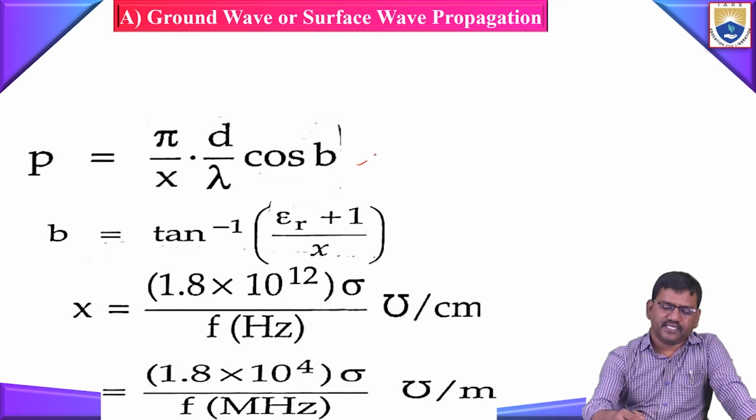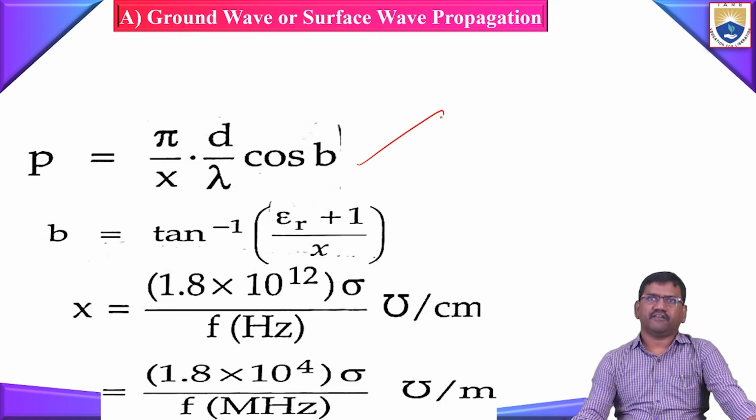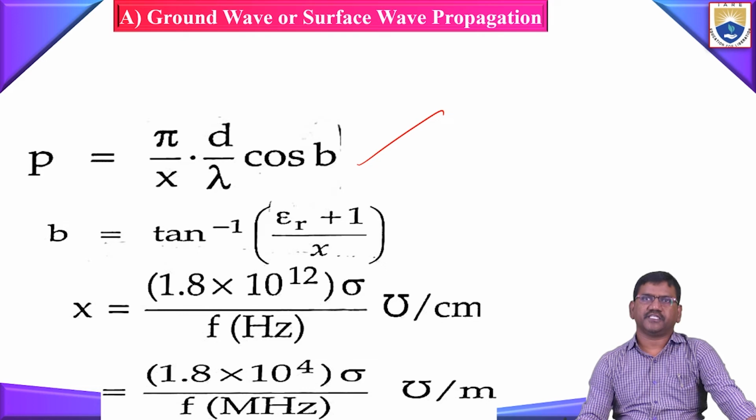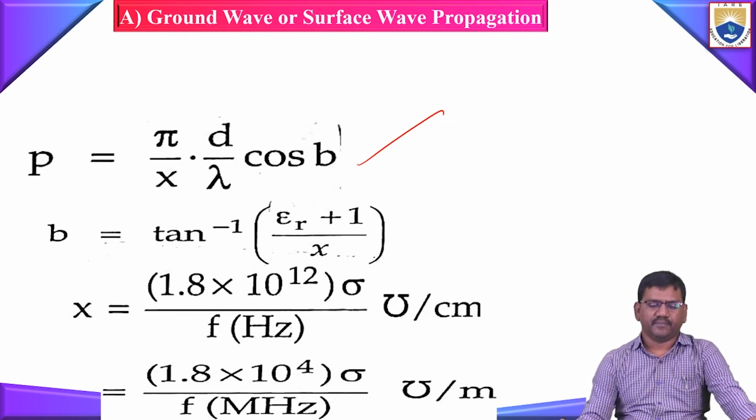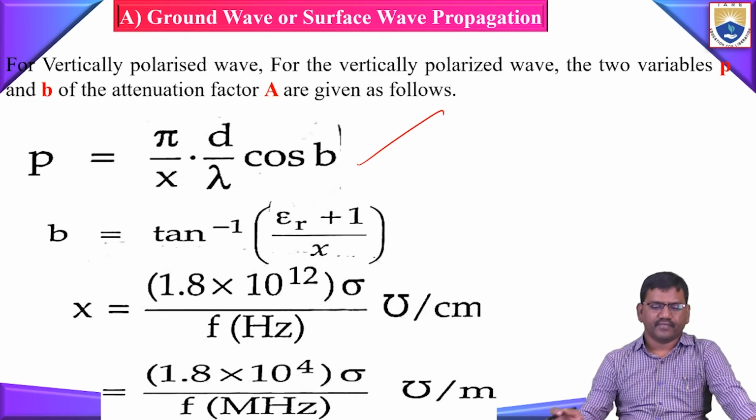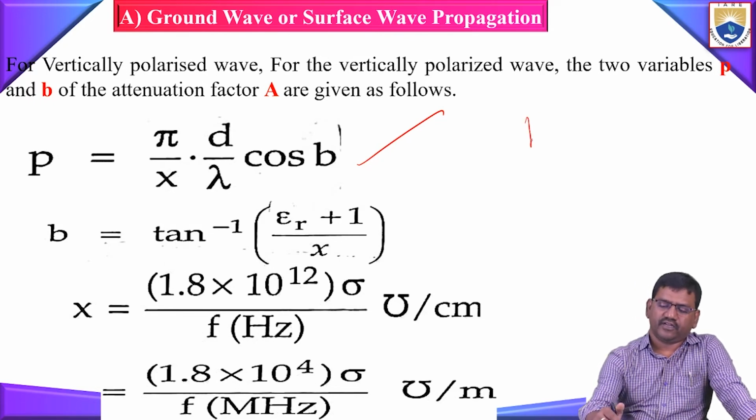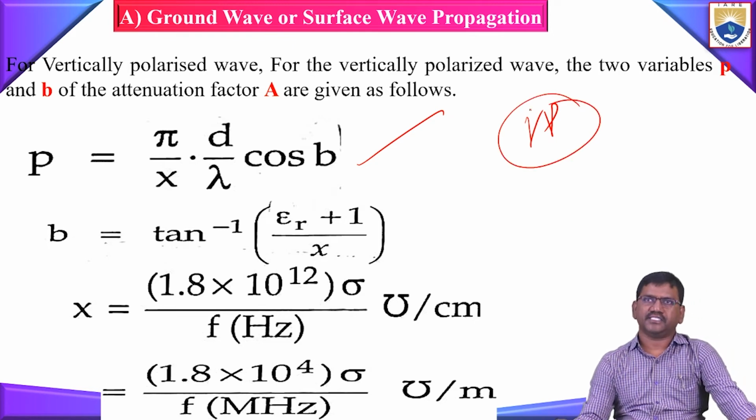We can also represent the exact value of p by another expression: p is equal to pi by x into d by lambda into cos b. These formulas are applicable only for a vertically polarized antenna.